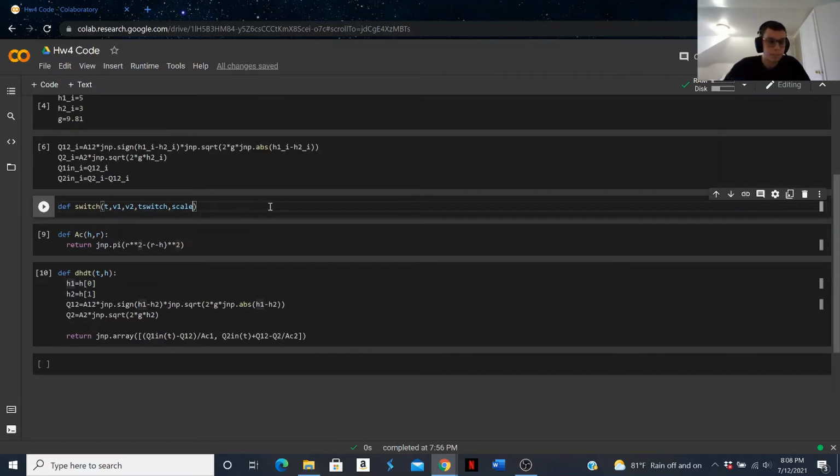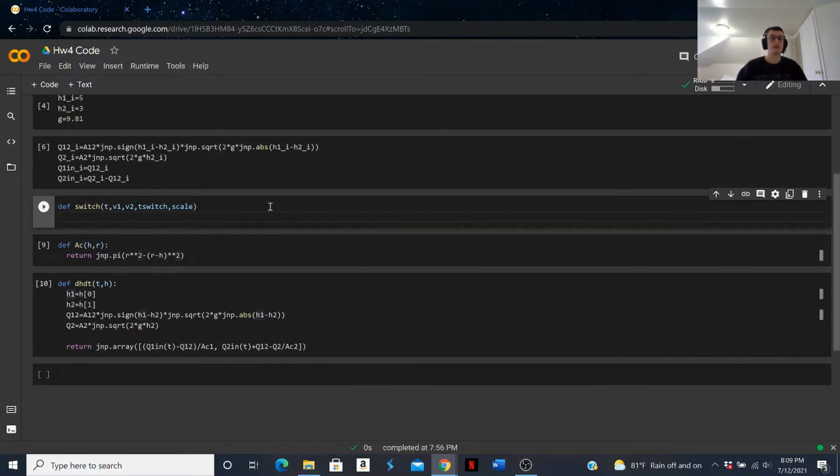So let me make sure I've got those values right. And then now we return, using our sigmoid function, which is off of the JAX library.